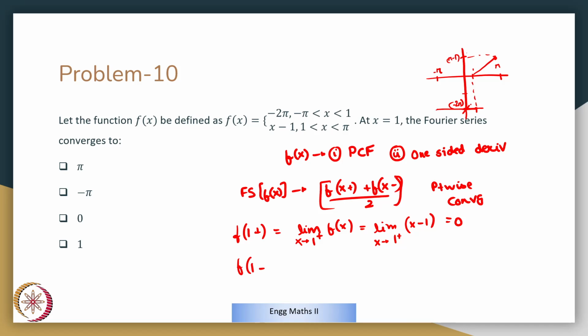And similarly, if you look at 1 minus, it is the limit as x tends to 1 from the left side of f of x, which is minus 2 pi. Therefore, our converged value is minus 2 pi plus 0 by 2, which is minus pi. So this way we obtain the converged value.